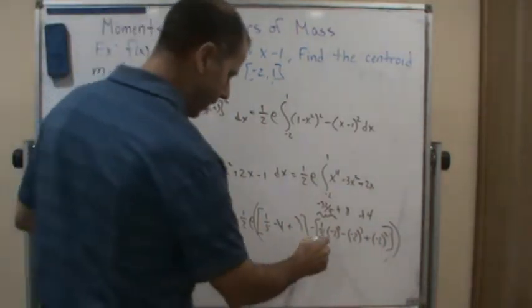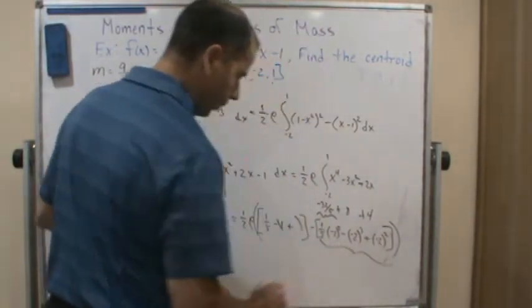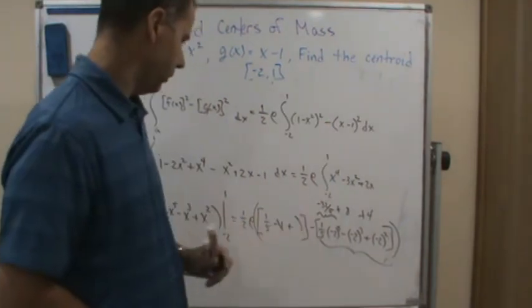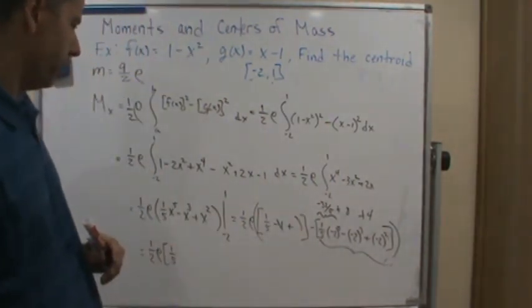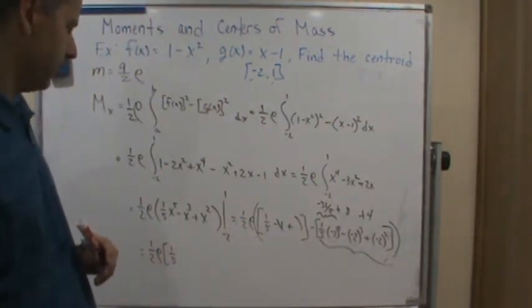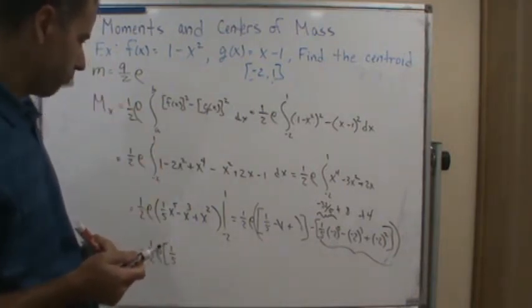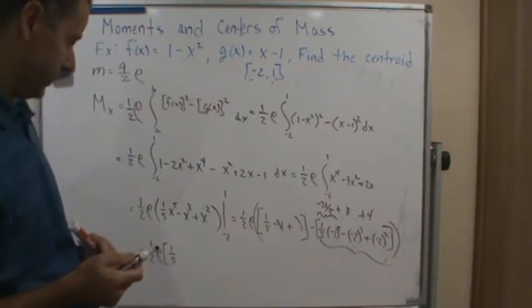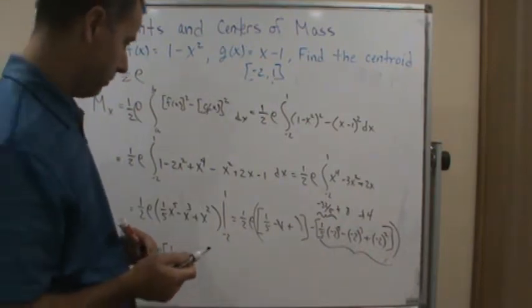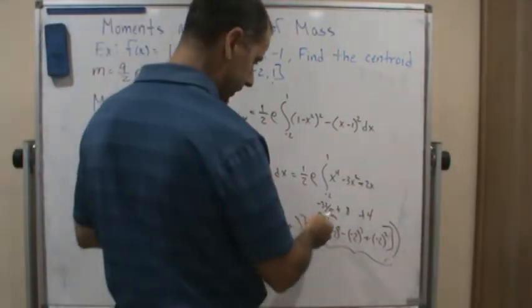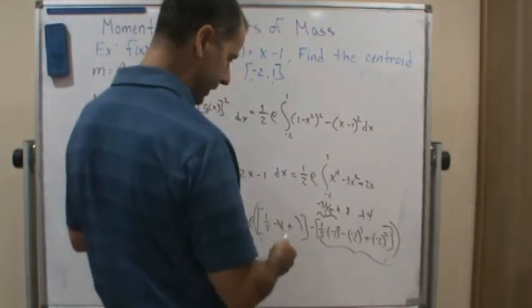Okay, so if we add all these up, what do we get? We get, well, 32 fifths is 6 2/5. Right, so if we subtract the 6 from the 12, we get 6.